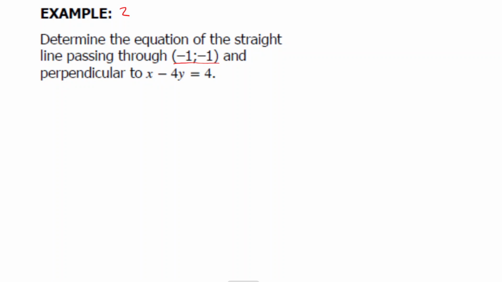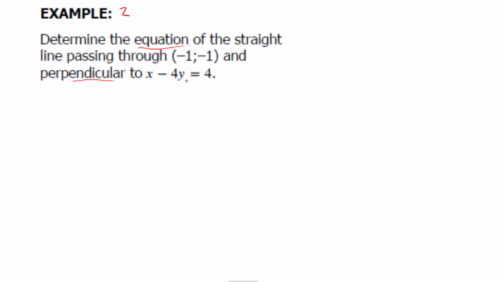I'll be using the information that it gave us. So the first thing that we have to do now is find the gradient of this line. We can find the gradient of this line because they told us that the equation of this line is perpendicular to this equation.